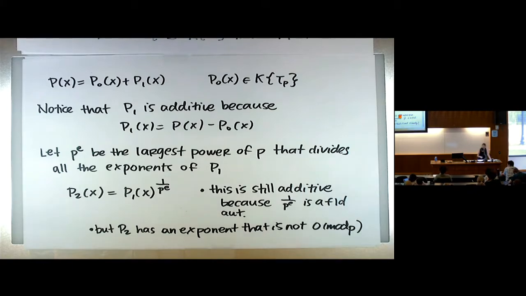Right? Because any power of P that divided all the exponents, I took all that out by raising to the 1 over P. So now I'm left, if it was like 2P squared, 2P cubed, I'm left with like the 2 and the 3. Right? If I'm left with only powers of P, then it means they were just powers of P to start with. Okay?